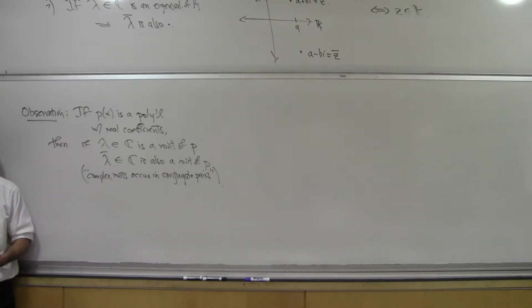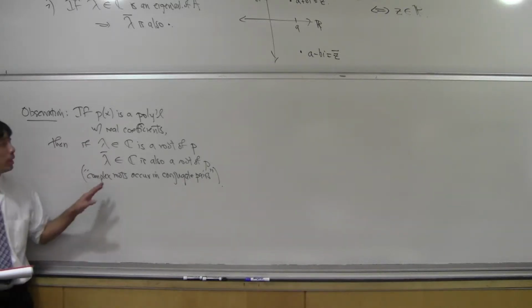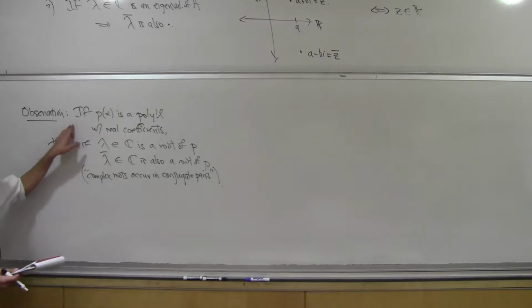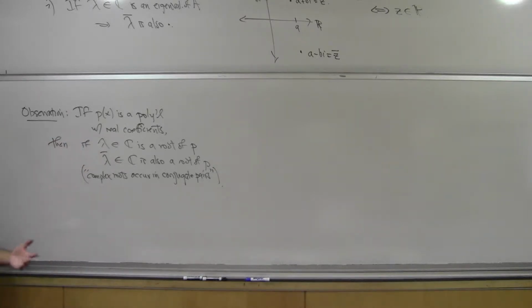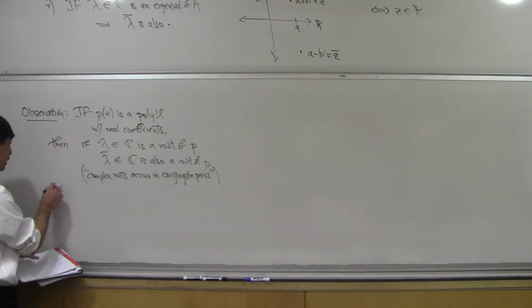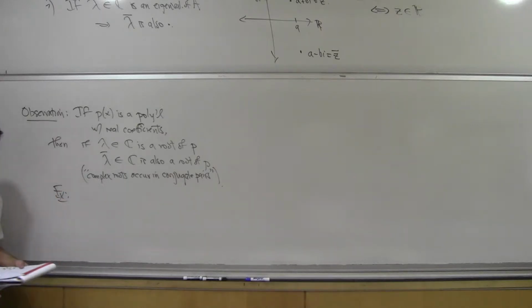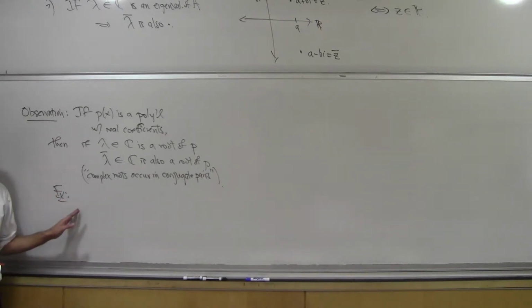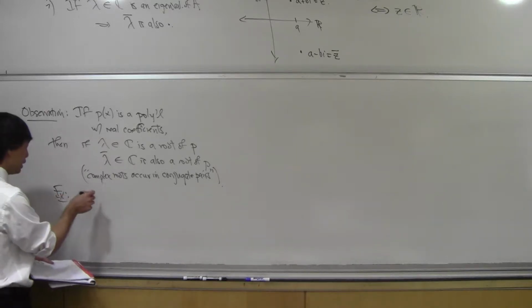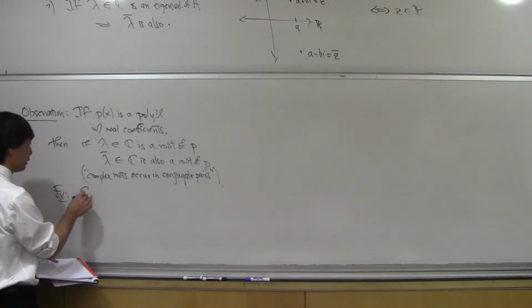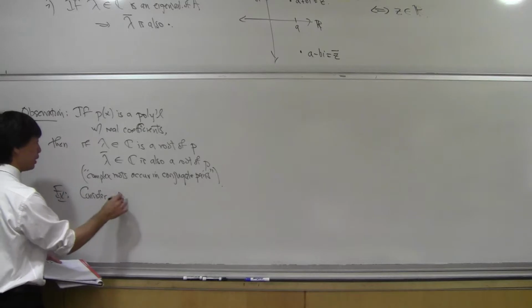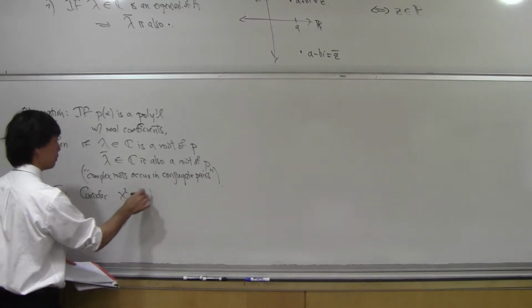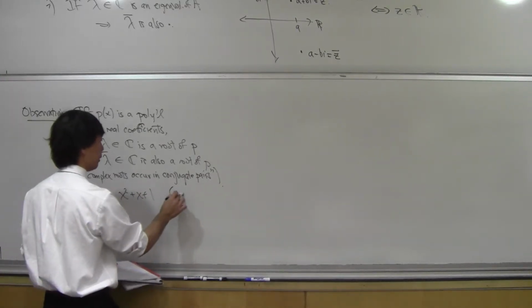Let me explain this observation by giving you an example. I think it'll be clear if you think about this example. Consider the polynomial x squared plus x plus 1. It has real coefficients.